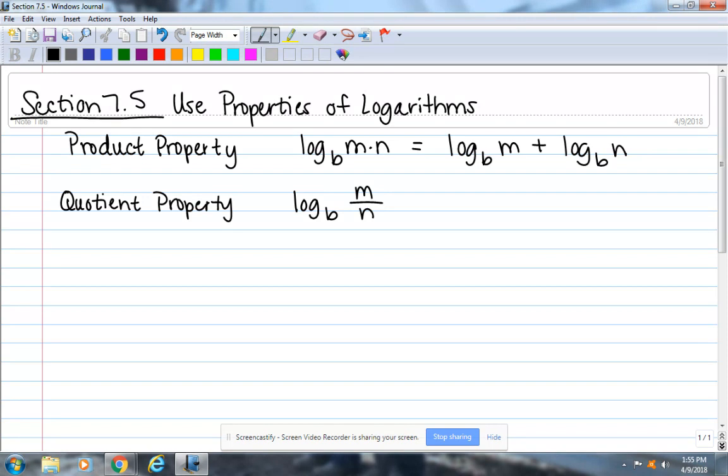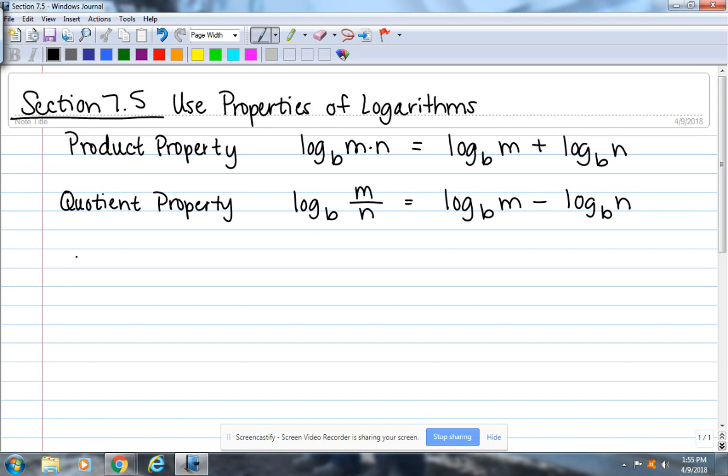Subtract. So same thing with logarithms. They have the same base and they're divided, I subtract, top minus bottom. So that's the quotient property.